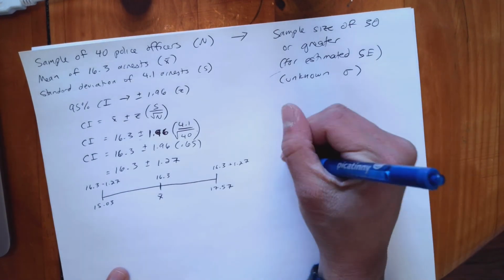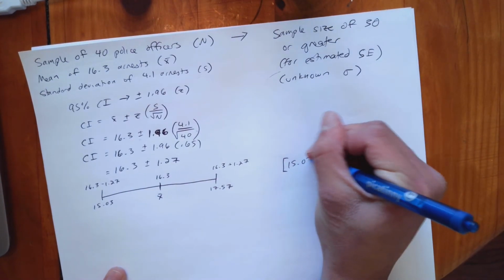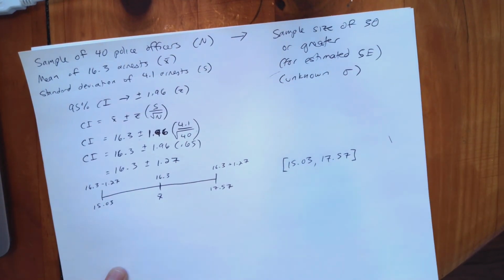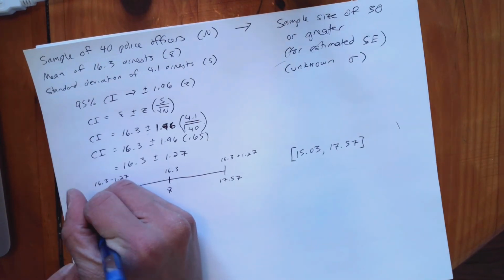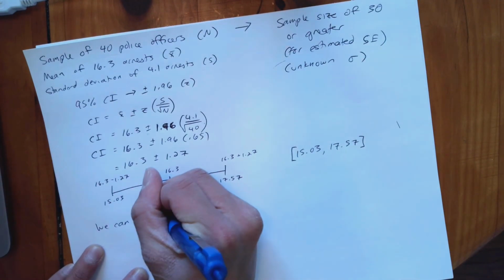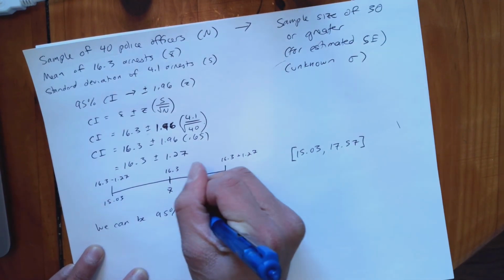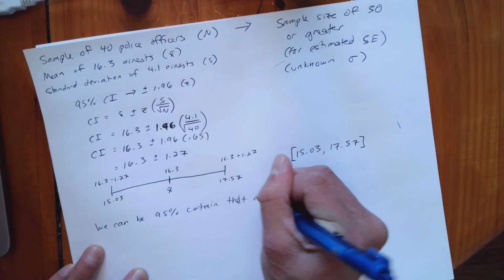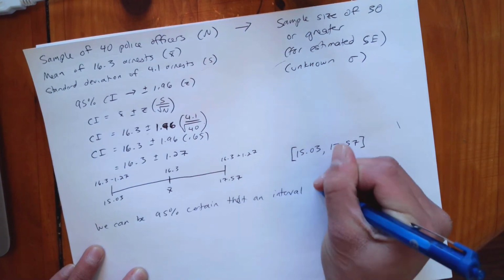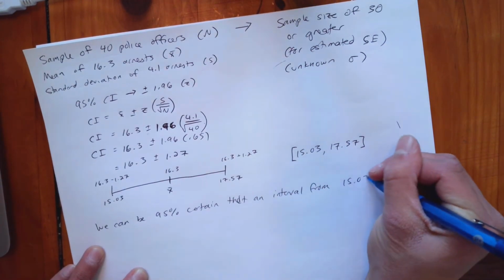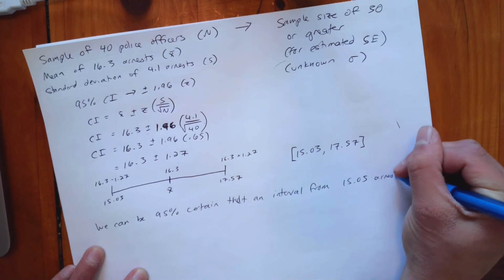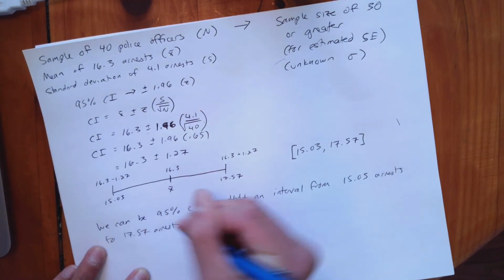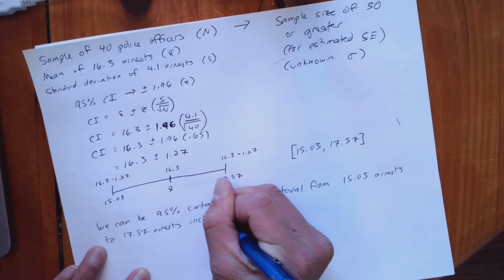So here we'd say we have an interval that goes from 15.03 to 17.57, and again, that's how we would write that. And we'd say we can be 95% certain that an interval from 15.03 arrests to 17.57 arrests includes the true population mean.